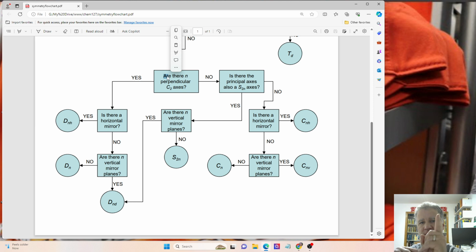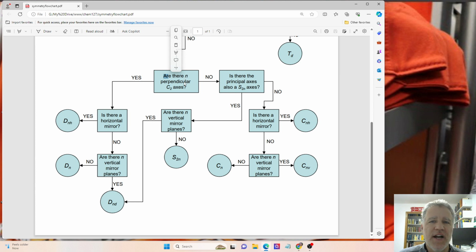So I've got my C whatever axes up here. I'm looking for C2s, just C2s, and are they in this plane? That shrinks your view really nicely to a single plane. Can you stick your finger in the single plane like this? And if you can rotate the molecule and it's back to where it is, then that's a C2 axis. And you look for as many as you need to satisfy the n value.